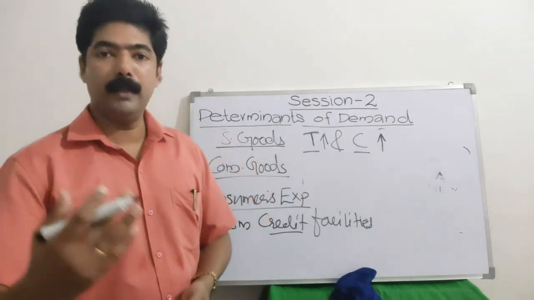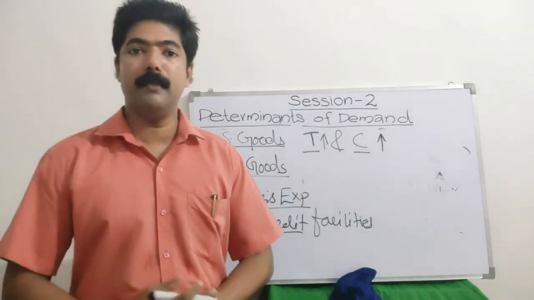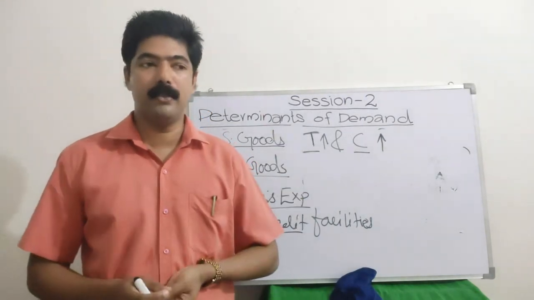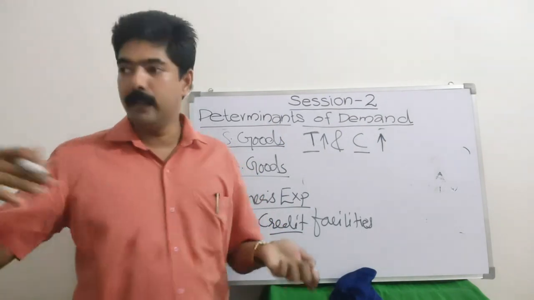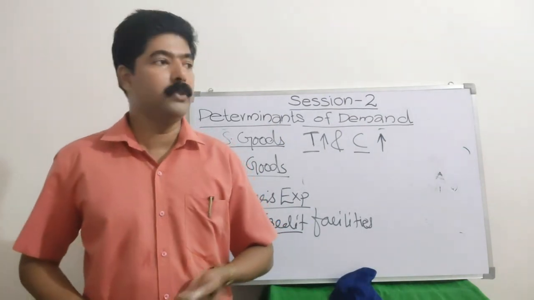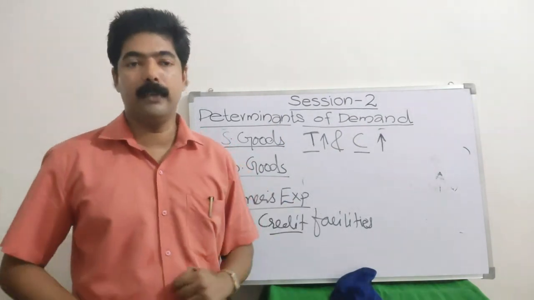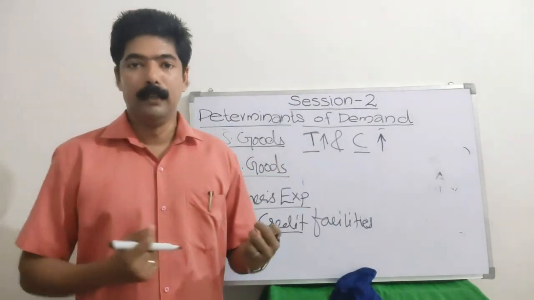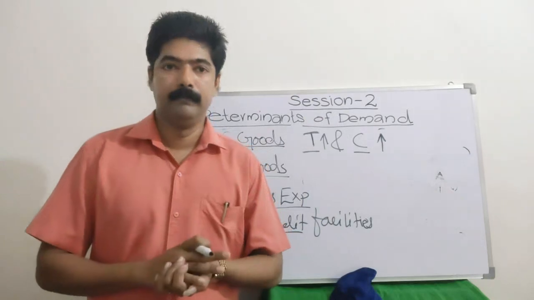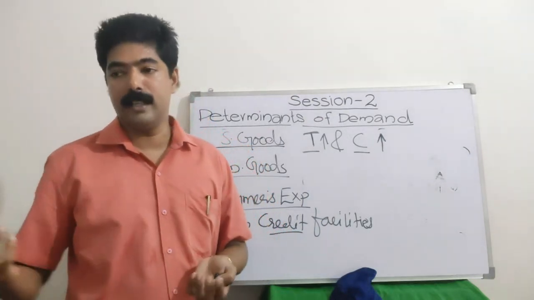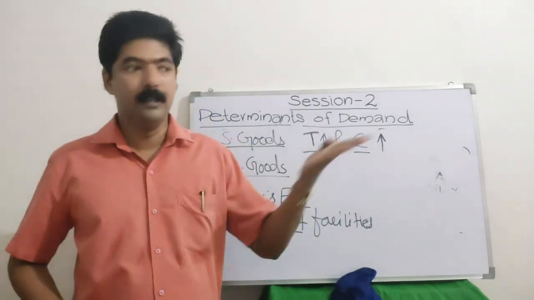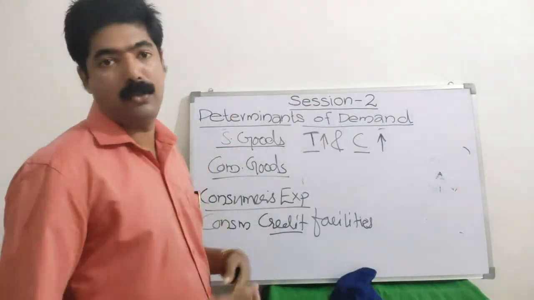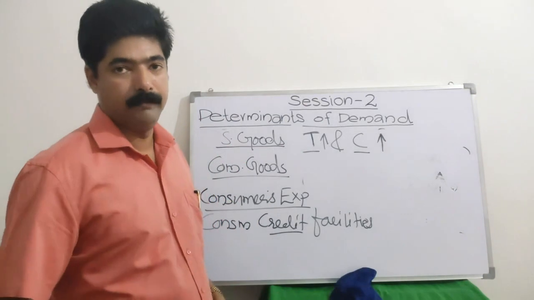So when a consumer gets more credit facility from many ways, it's not only financial institutions. Your friend may be ready to help you. If you get money as credit from your friend, that is one method by which you can increase your income level. There are many methods: non-financial institutions, financial institutions, the post office, savings, all these help us to get credit.